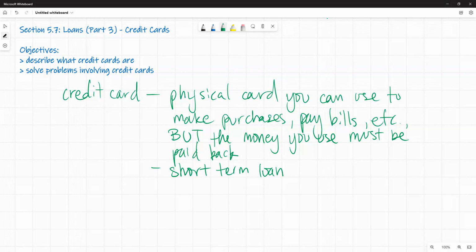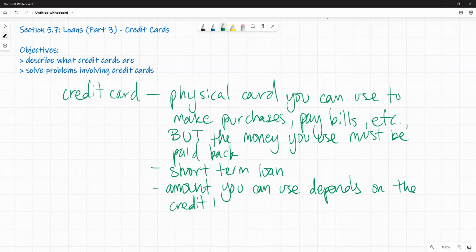A couple other things, the amount you can use depends on the credit limit. Okay, so credit limit is pretty much, here is the credit card. Right now, you can only spend $500.